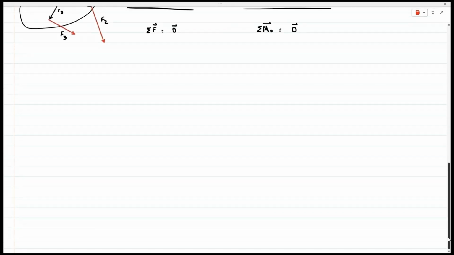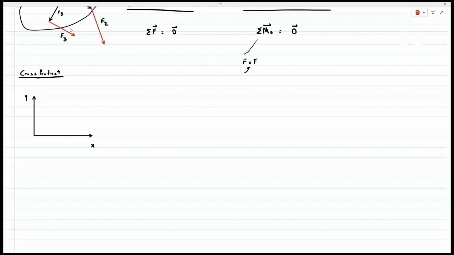Because the moment is defined via a cross product, let's go ahead and review the cross product. We'll draw a position vector, again centered at the origin point O, and a force, F, at an angle of theta with the horizontal. If we remember that the moment vector is defined by a cross product and that it is a vector, we have to note that the moment vector has magnitude and it has direction.